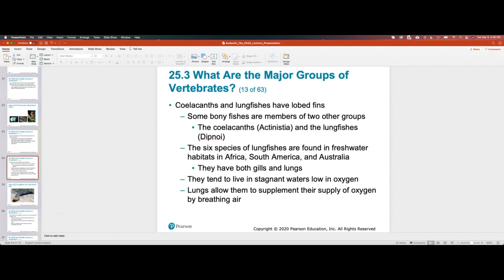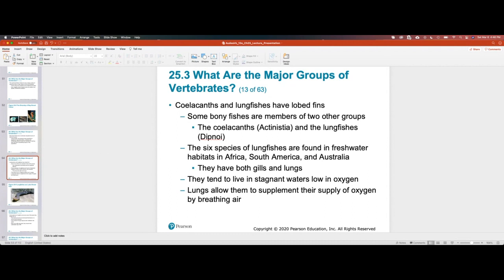Then we have the coelacanths and the lungfishes, which have lobe fins. The 6 species of lungfishes are found in freshwater habitats in Africa, South America, and Australia. And they have both gills and lungs.